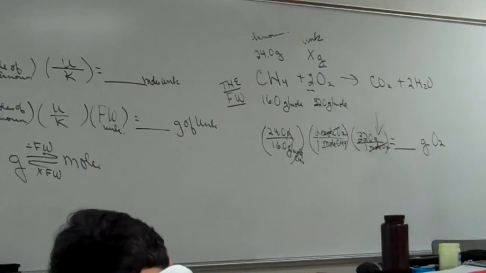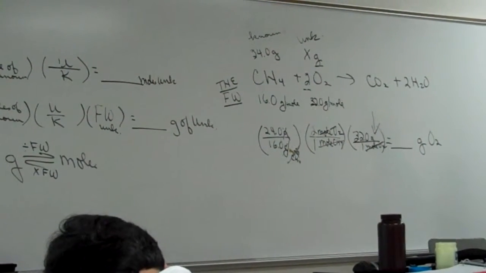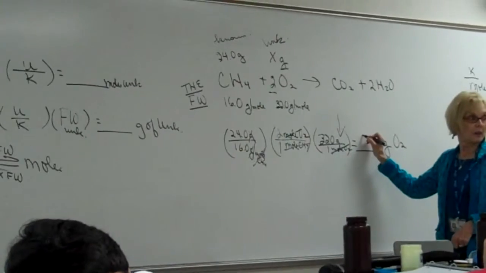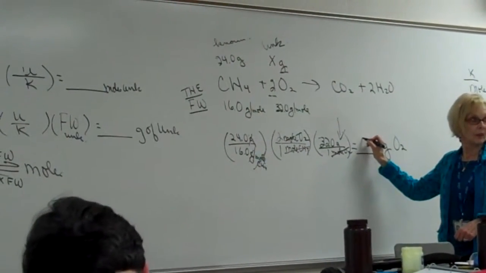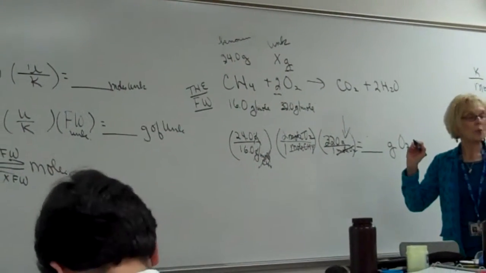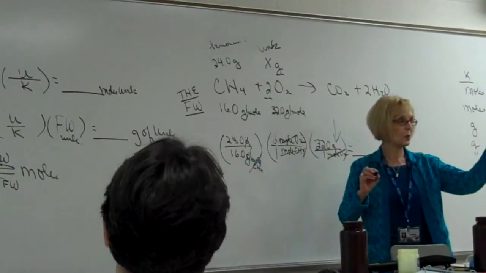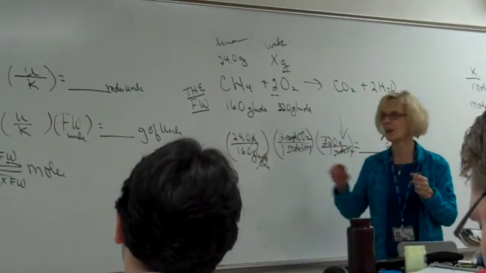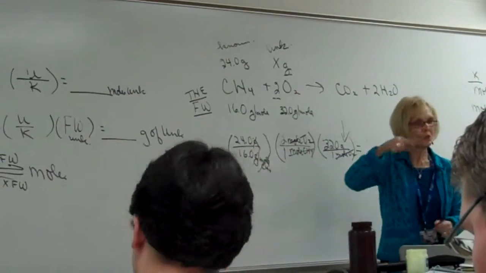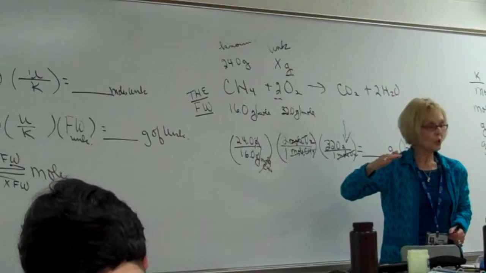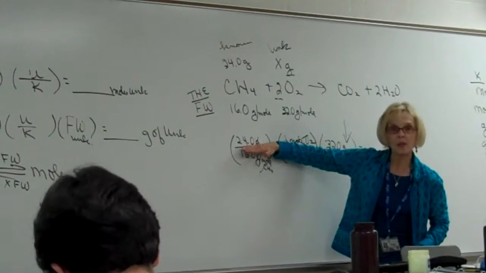Okay, now let's multiply that through and think about sig figs. Nicole in the back, what did you get? While she's punching it through for us, if you are rusty on your calculator or you're scared, here's the safe route.